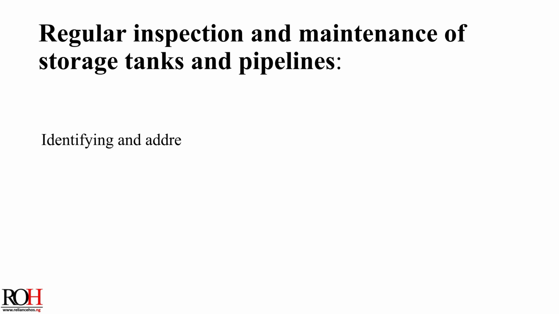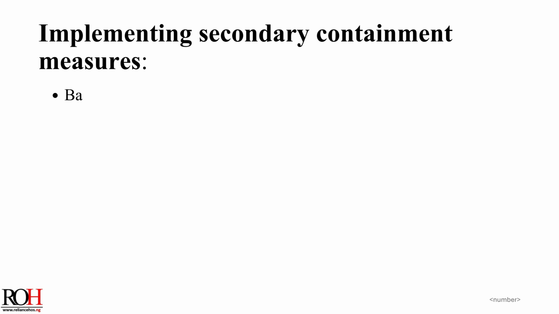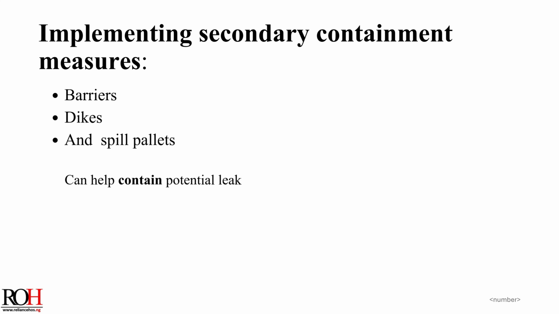Identifying and addressing leaks early can prevent major spills. Implementing secondary containment measures. Barriers, dikes, and spill pallets can help contain potential leaks before they spread.